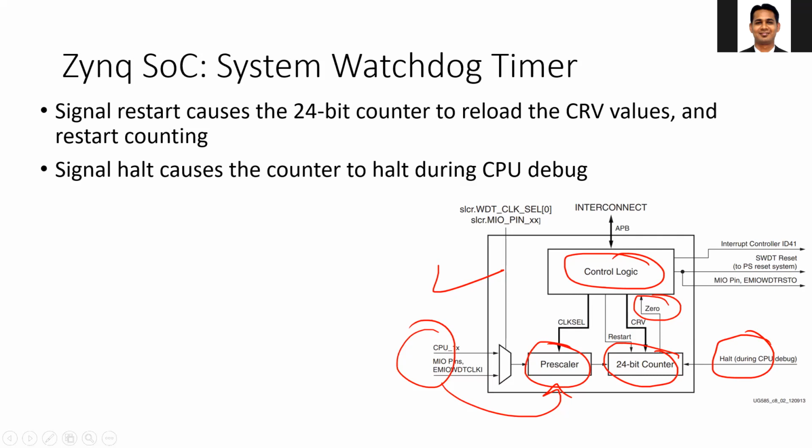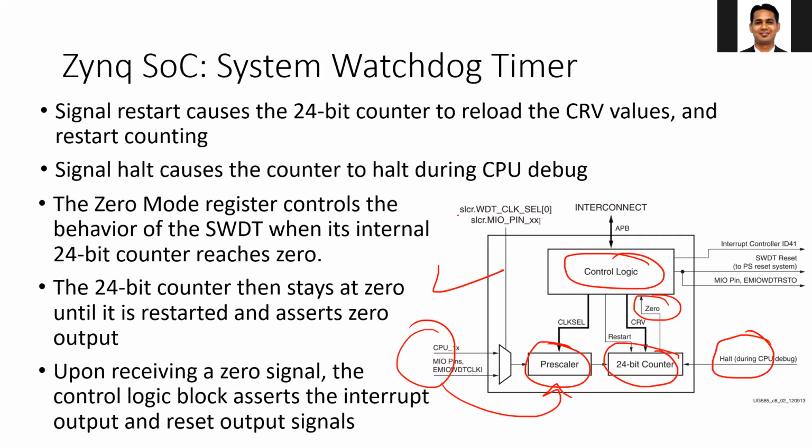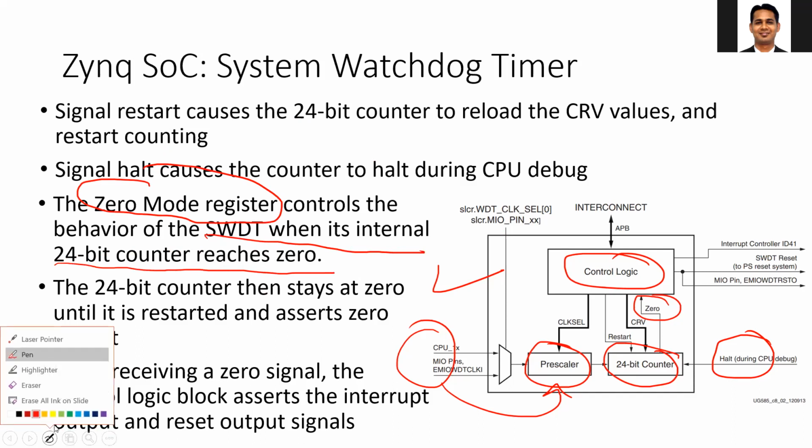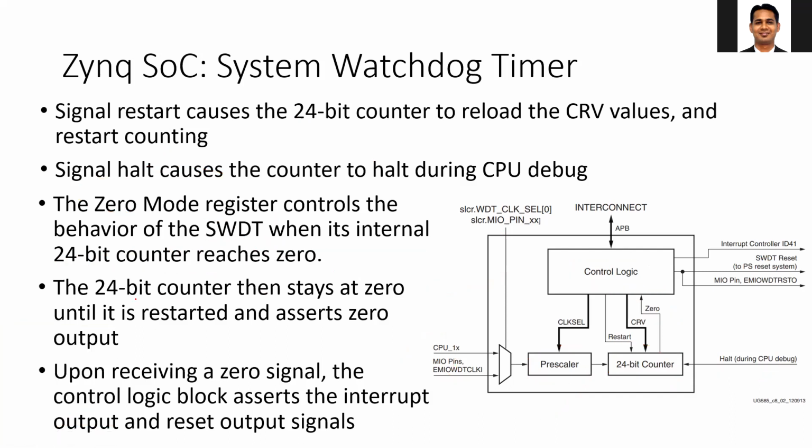Okay. The 0 mode register, again, is one of the control registers inside the watchdog timer. It controls the behavior of the system watchdog timer when its internal 24-bit counter reaches the 0. That means your watchdog timer has expired. Now, this 24-bit counter stays at 0 whenever it reaches the 0 until it is restarted.